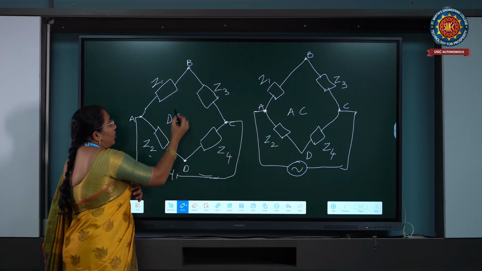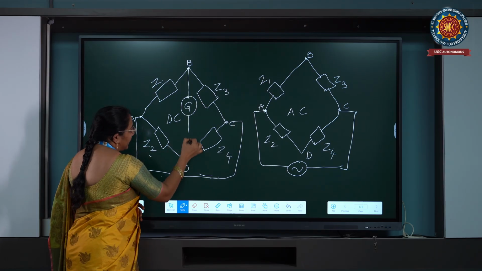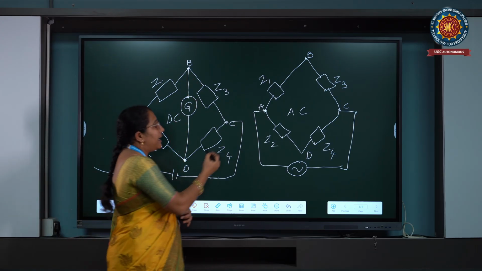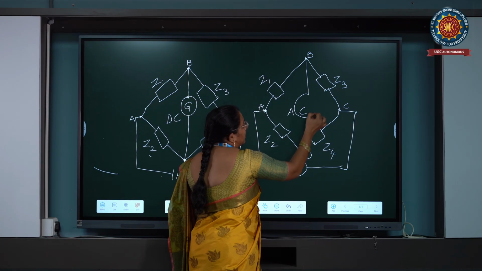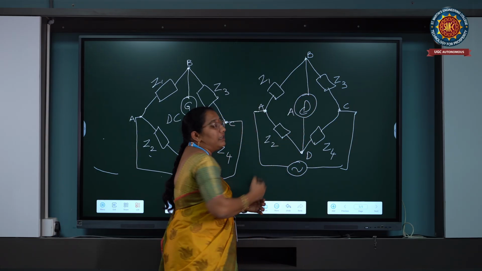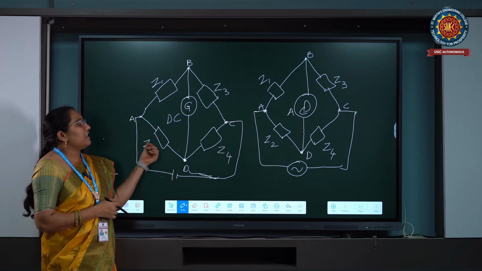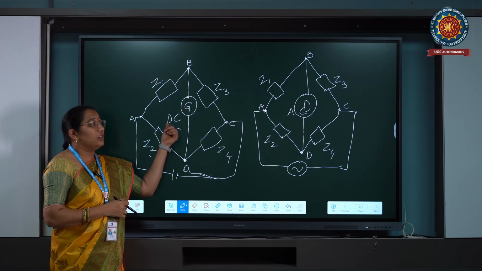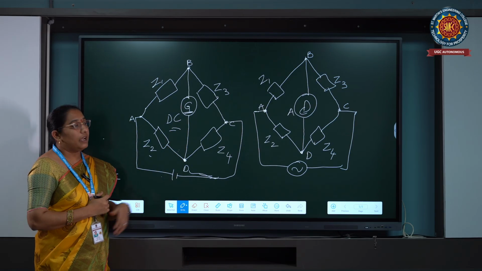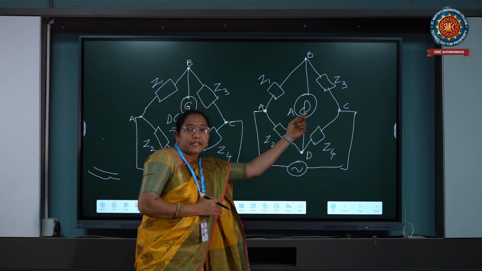See here, one detector is connected between the nodes B and D, and in AC bridges also we connect the detector between nodes B and D. In the case of DC bridges, we call it a galvanometer, and in AC bridges, it is called a detector.